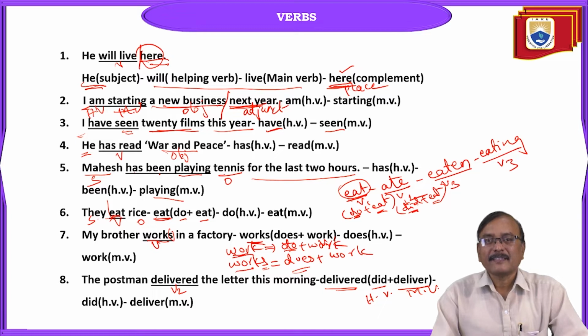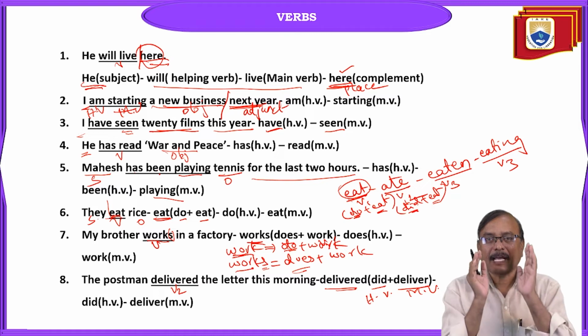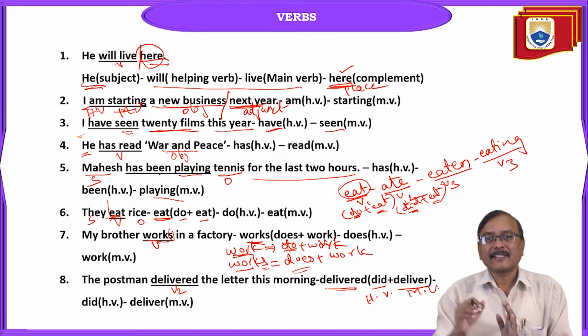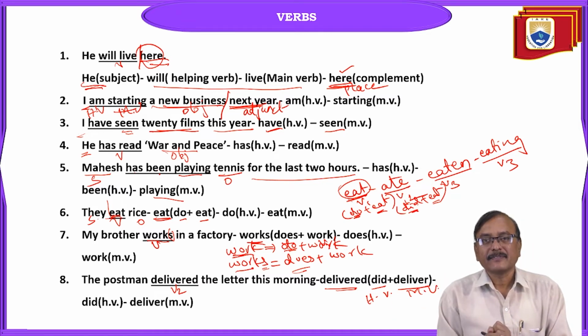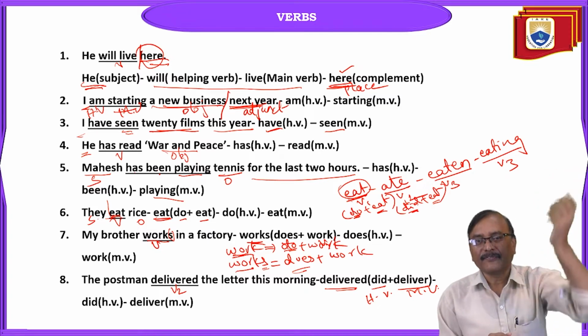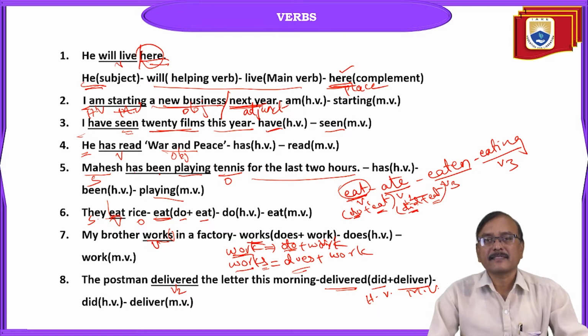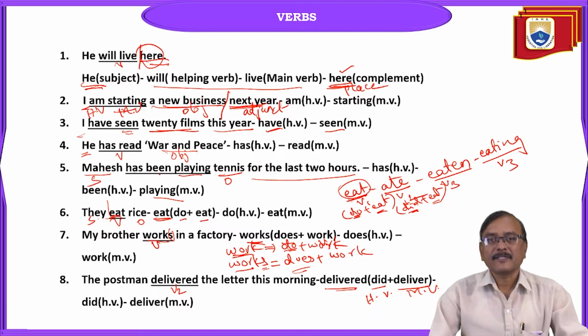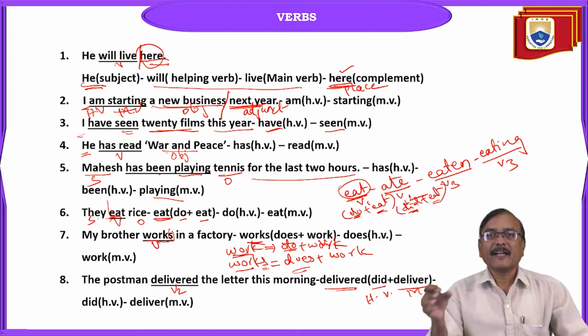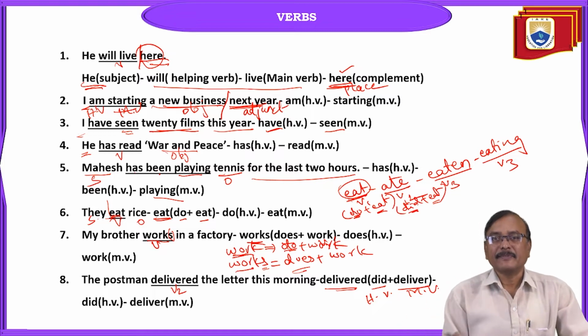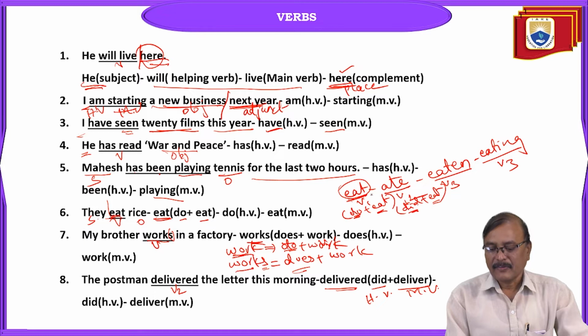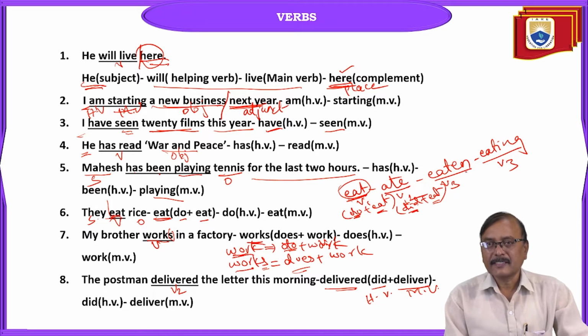So to remember the verb forms, we have to see the time of the action, whether they are already completed, whether they are going to take place in future, whether they are regular actions, or whether they are continuing actions. Once we decide this, we can decide the form of the verb, whether it should be in present form, past form, past participle form, or continuous form.